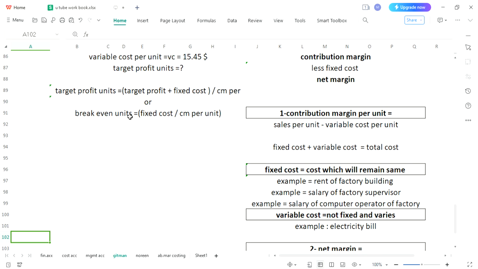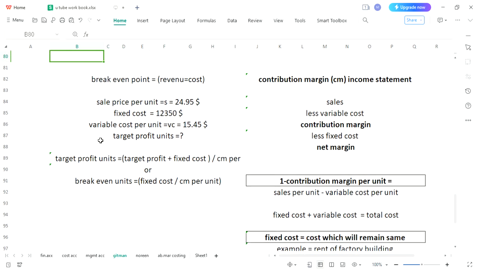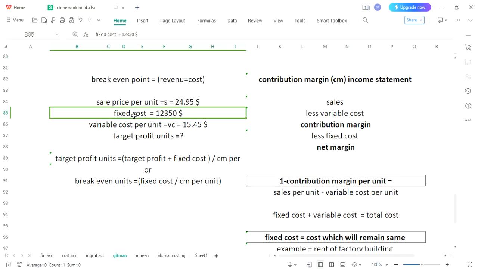For that, what we need is your fixed cost, and then you need to divide it by CM per unit. And contribution margin per unit you have seen over here, we can calculate. To complete this formula, what we need is fixed cost, and as you have seen, we have already marked it. Fixed cost is 12,350, and CM per unit needs to be calculated.